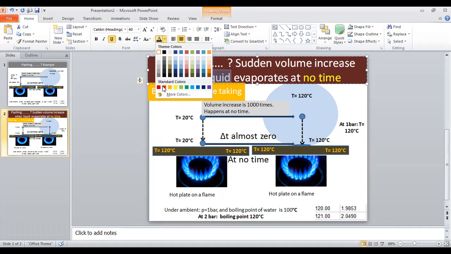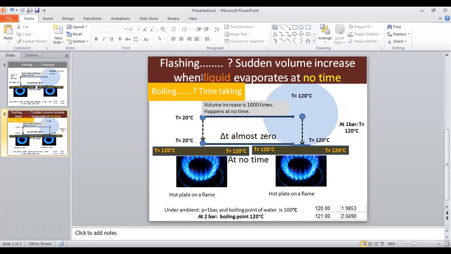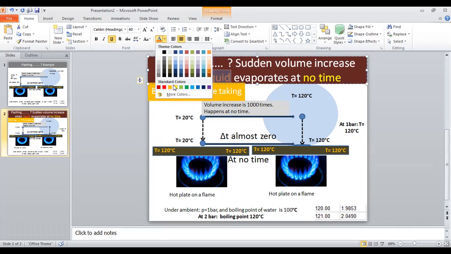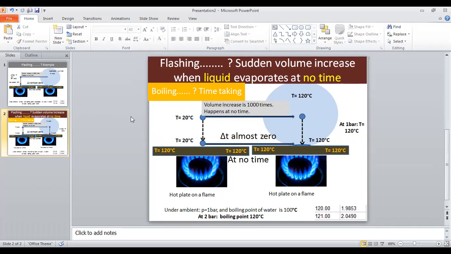That is one thing. Not very clear? Yes. Evaporate at no time. Okay. So here it comes to liquid.